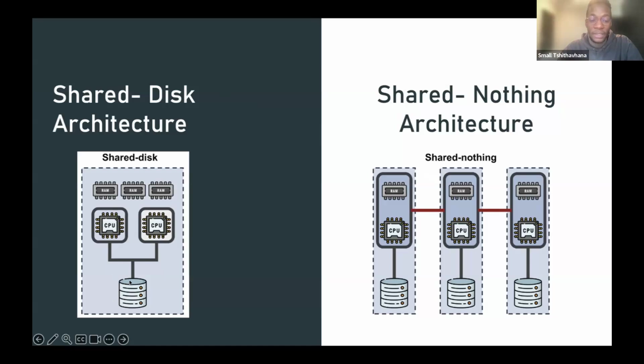We'll have data, and then we divide the task across the different computational power, the different CPUs. But the problem with this architecture is that if something happens to the disk, then the entire system is going to fail.